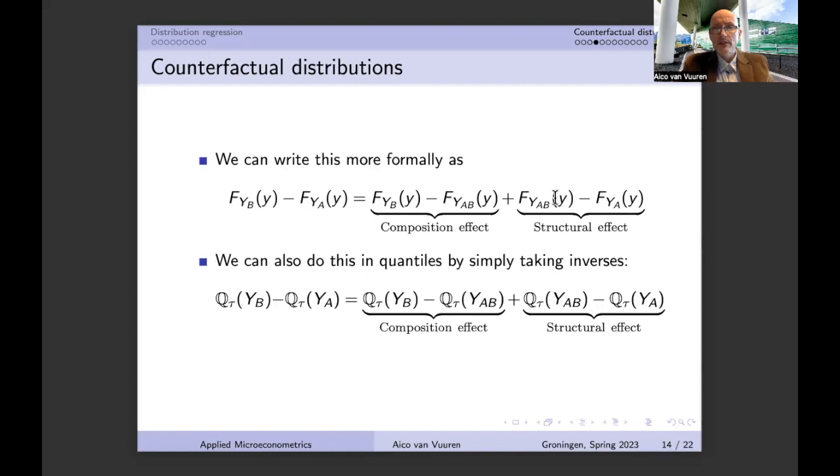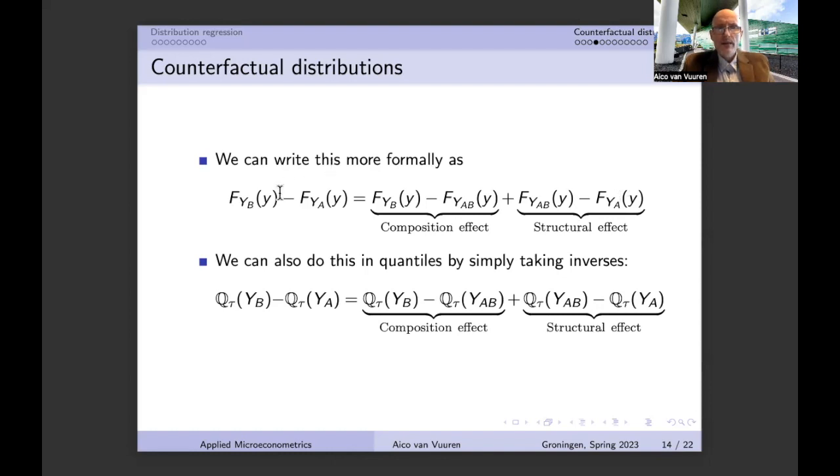The only difference is in terms of payment. Here the individuals are paid like the B population, and here they're paid as the A population. That means, of course, that you could see this as a difference in payment. Well, we could call this the payment effect, but usually this is called the structural effect.